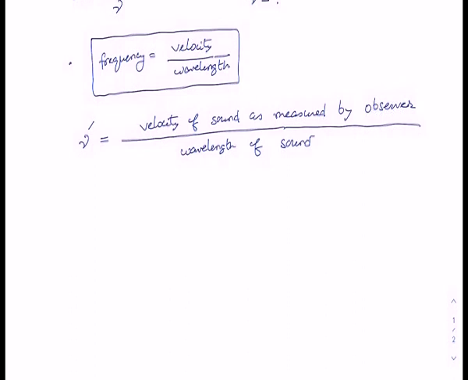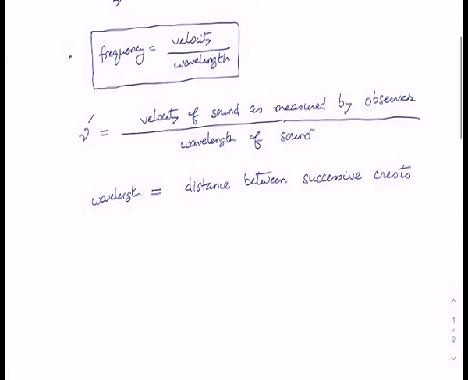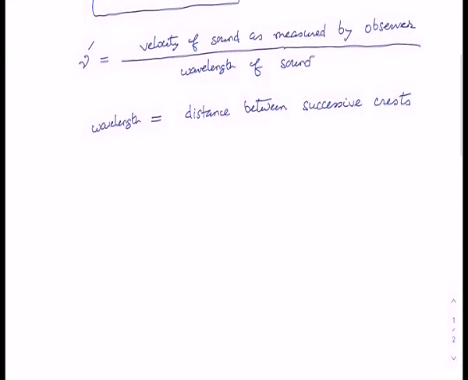First, let us find out the wavelength of sound as measured by the observer. In the case of a sound wave, the wavelength is basically the distance between successive crests.